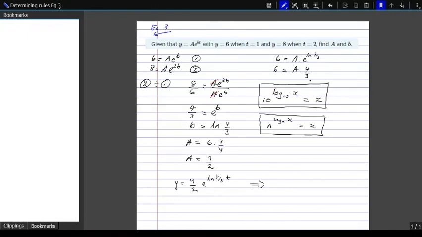Remember, we can change it because we know that e to the power of log 4/3 is 4/3. We could also write that as y equals 9/2 times 4/3 to the power of t. Both of these are equivalent. Strictly speaking, the first is in this form, but they're both correct.